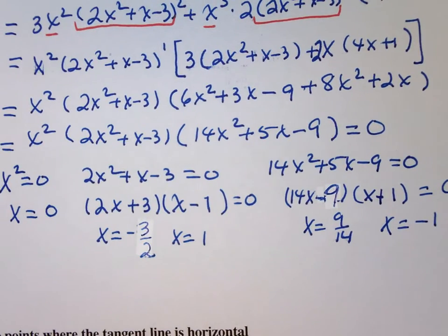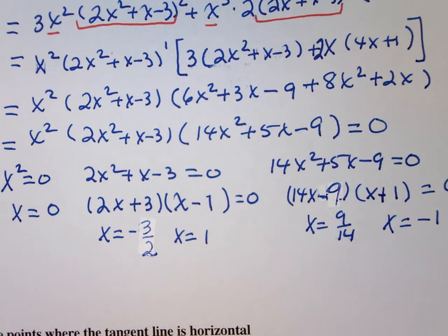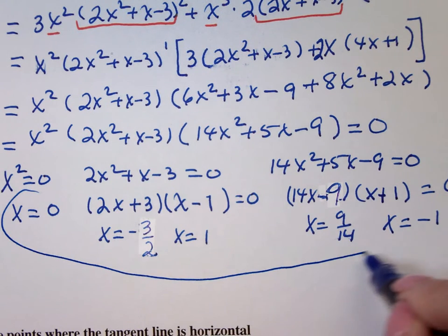X equals 0, x equals negative 3/2, x equals 1, x equals 9/14, and x equals negative 1. That's all they're asking for, the x values. So that would be your answer.